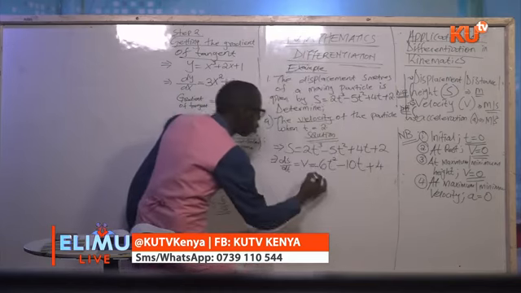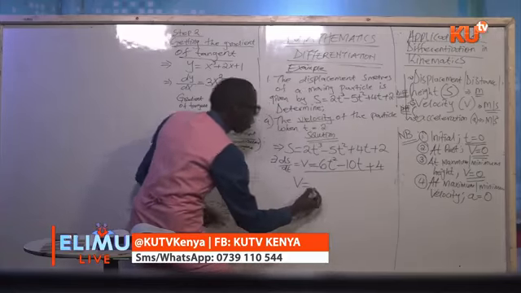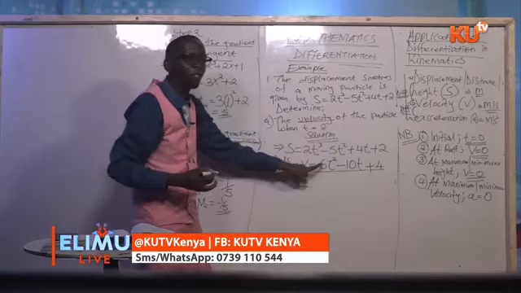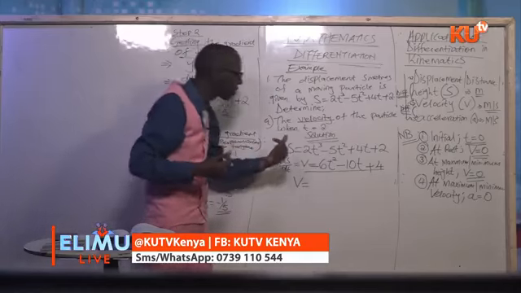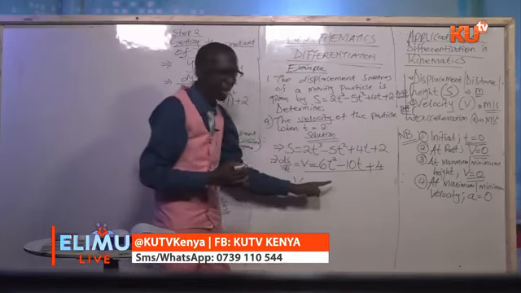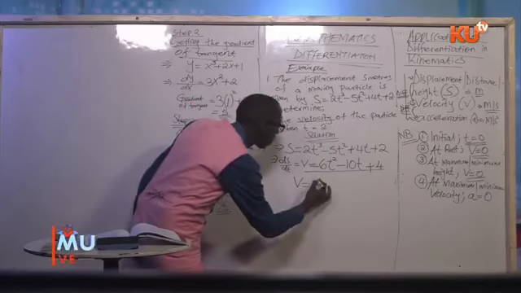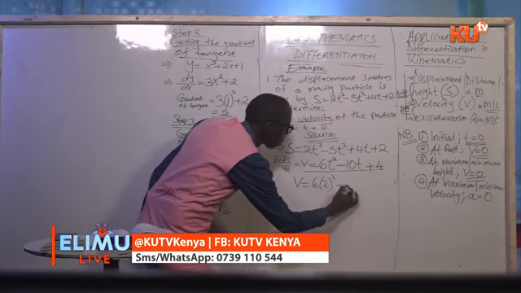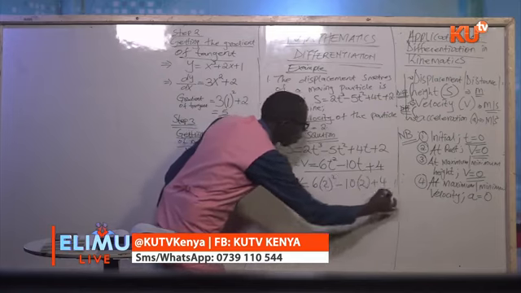So then we are being asked to get velocity when t is 2. We already have the equation of the velocity now, after differentiating the displacement. So where there is t in this equation, we substitute with the 2. So we'll have v is equal to 6 times 2 squared minus 10 times 2 plus 4.